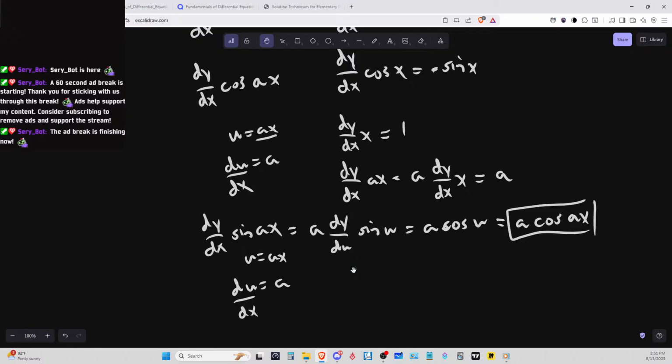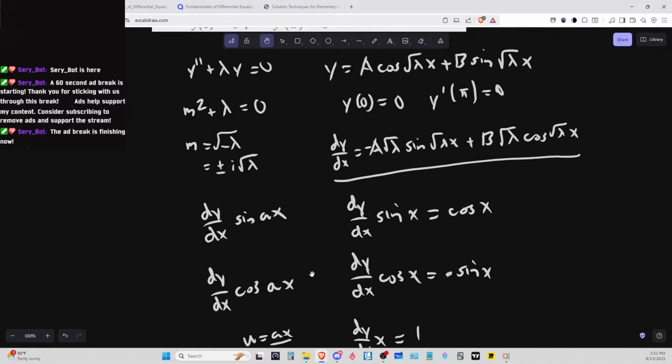Integration I have to practice more, because I've forgotten a lot of tricks, such as trig substitution, and what else? Most of the trig functions in integration I kind of forget.